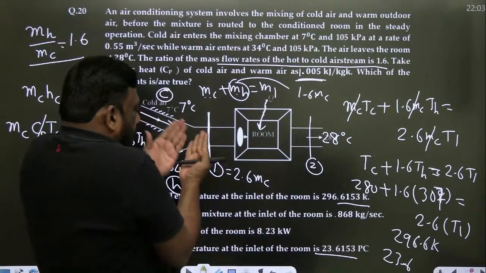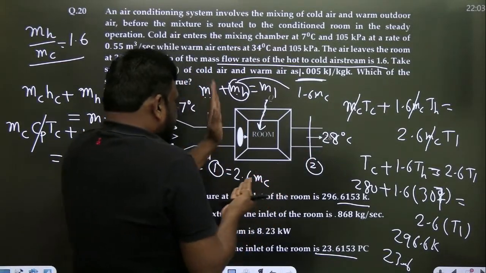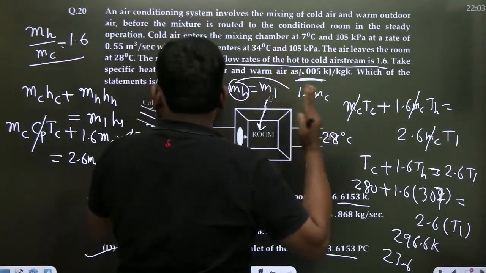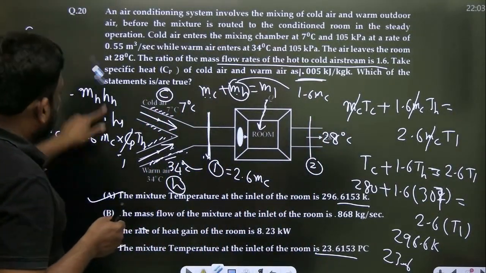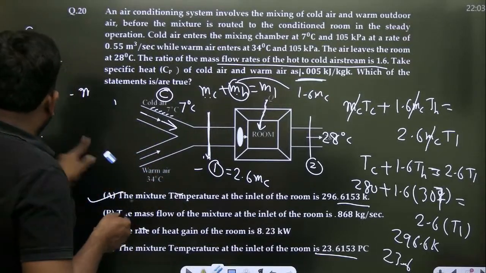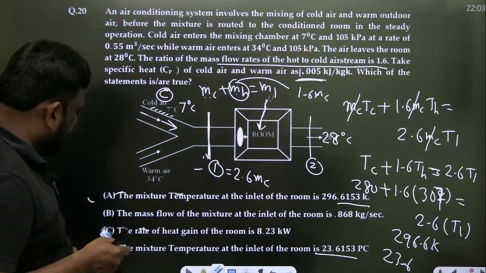For steady flow, whatever mass is entering, the same mass is leaving. Can I say mass here is equal to mass here? Exactly sir, no problem. I will erase this a little, sir, some people are not following. Is it correct my dear students? Is it correct?